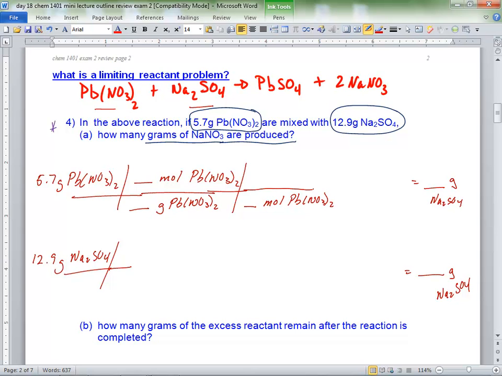Some people did this on the boards this way, right? It's kind of a healthy thing to do because all the units have to work out. Then you just fill in the numbers.